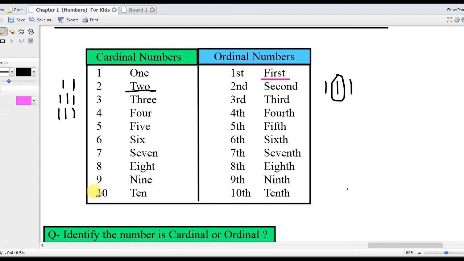So let's take an example here. If I say there are 10 athletes running in a marathon, and someone asks you how many athletes are running in a marathon, so there are 10 athletes, right? 10 different members. Now if they're asking you about the 10th athlete, they're not talking about all of those 10 athletes.